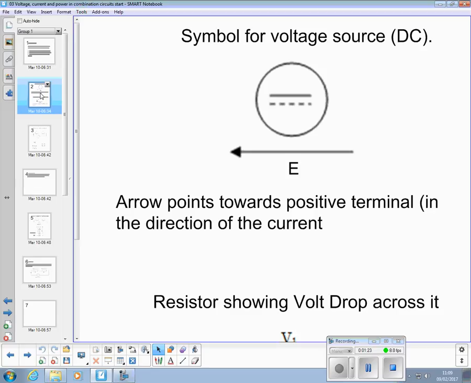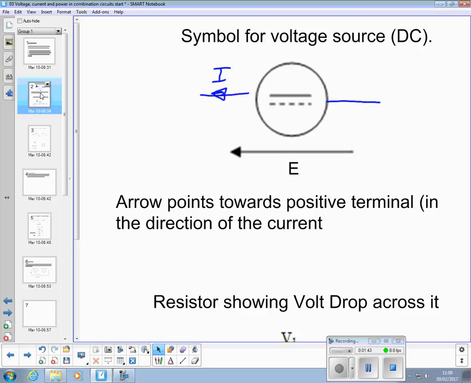So the arrow points in the direction that conventional current will flow away from that. For a source, the voltage arrow points in the direction of current flow.